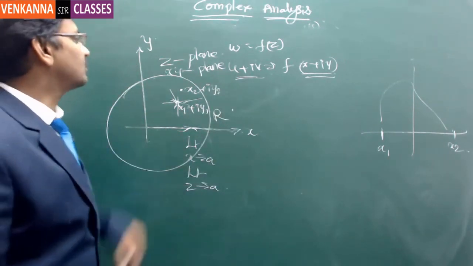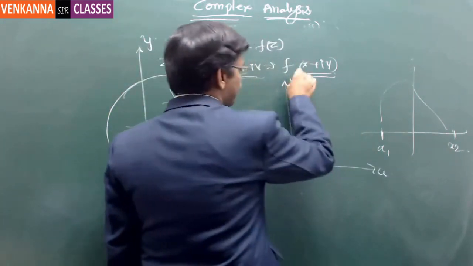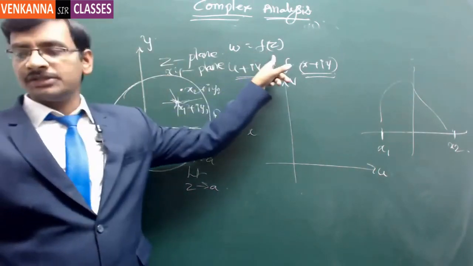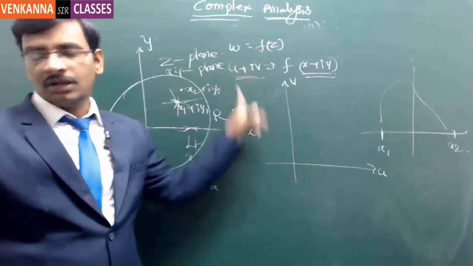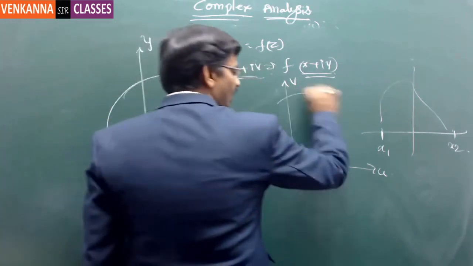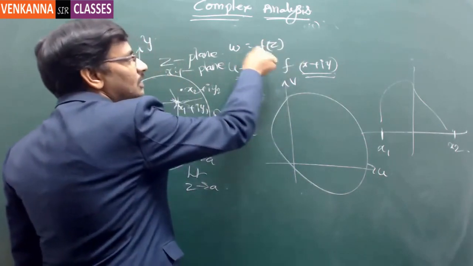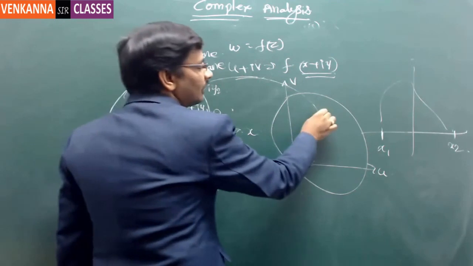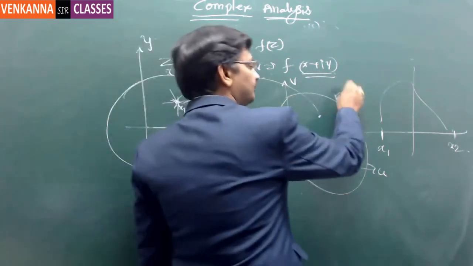Correspondingly, the function value you have to represent on the UV plane. So for each value, if I substitute in this function, automatically I will get a value of w which is equal to u plus iv. Now this is u plus iv. I can identify one more region which will hold the set of values depending upon the function value. For each value, there might be a corresponding value in the other region, which we call R dash.